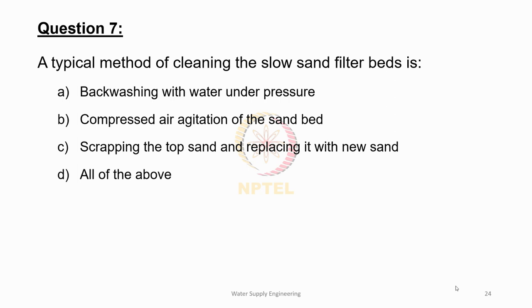Option C, scraping the top sand and replacing it with new sand. Option D, all of the above. So which of the methods is the typical method adopted for cleaning slow sand filters?